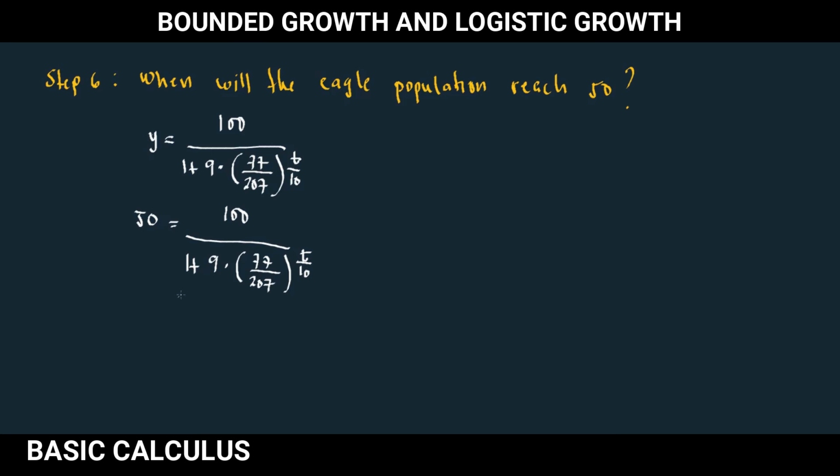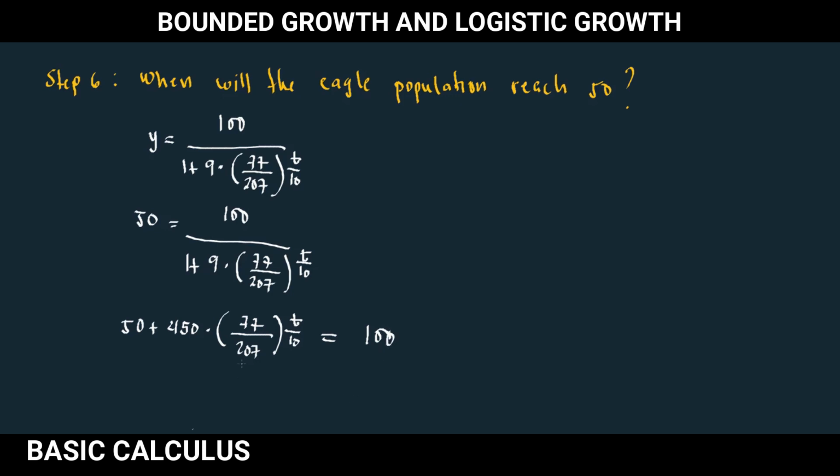Then we cross multiply, so we have 50 times 9, that is equal to 450, times 77 over 207 raised to t over 10, plus 50, equal to 100.